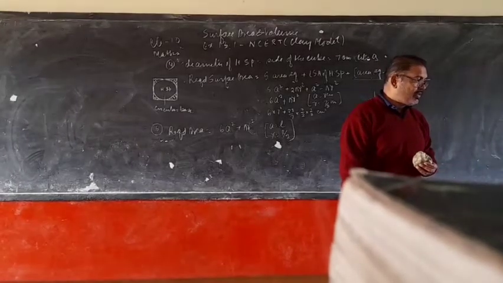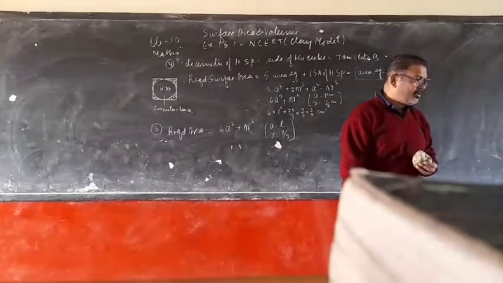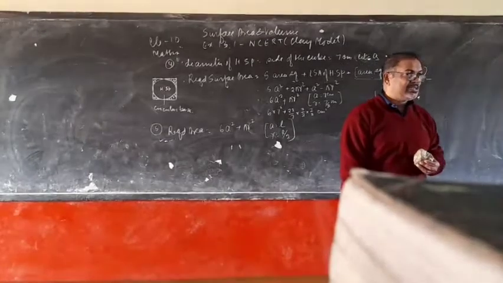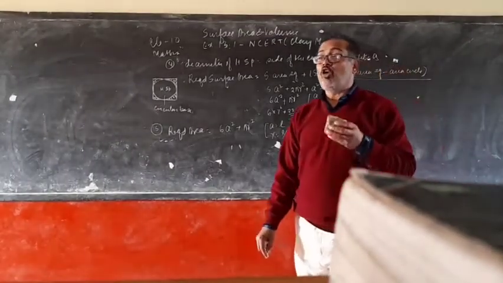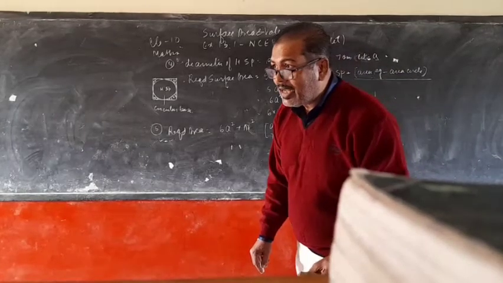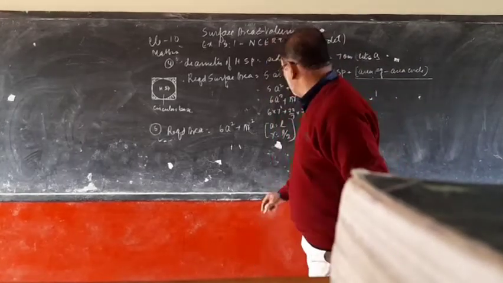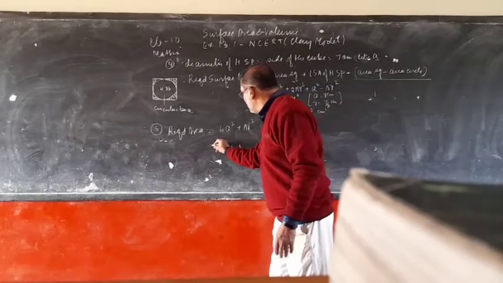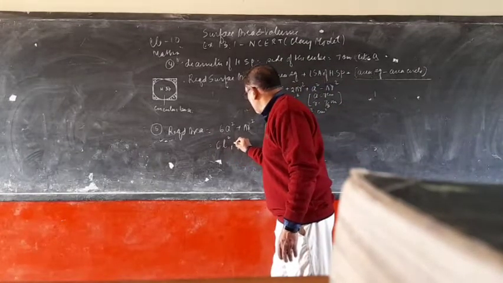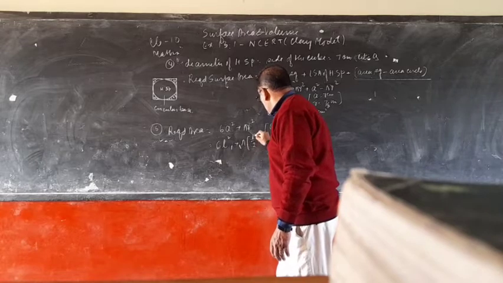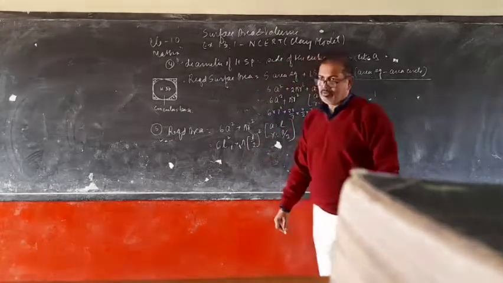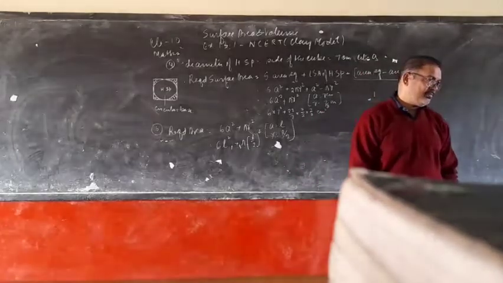Because in this question what is given? That the side of the cube L is equal to the diameter of the hemisphere. So directly we will apply this formula, that is equal to 6L square plus pi into L upon 2 whole square. This is the answer of question number 5.